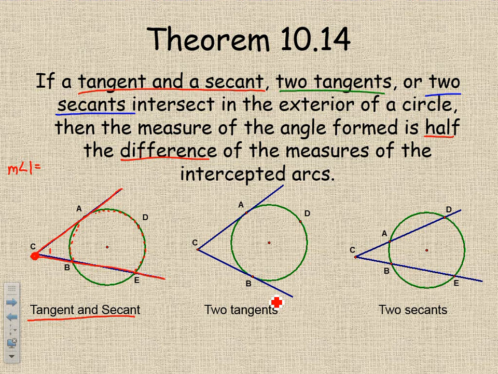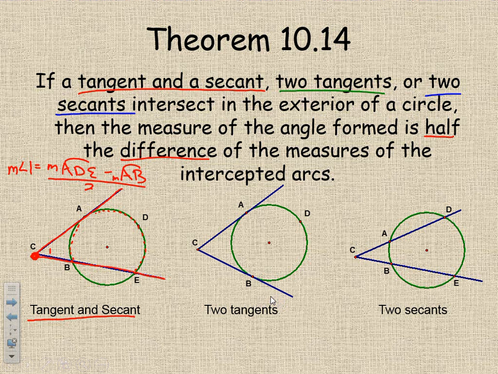So angle 1 is equal to the measure of ADE, that arc, minus, because you always want to take the smaller from the bigger, because I don't want a negative number here, the measure of arc AB, and divide by 2. Okay, so hopefully that makes sense. Take the bigger minus the smaller and divide by 2 because we pulled that angle back. So it's not going to be the same. It's going to be smaller, and in fact, it's half the size.